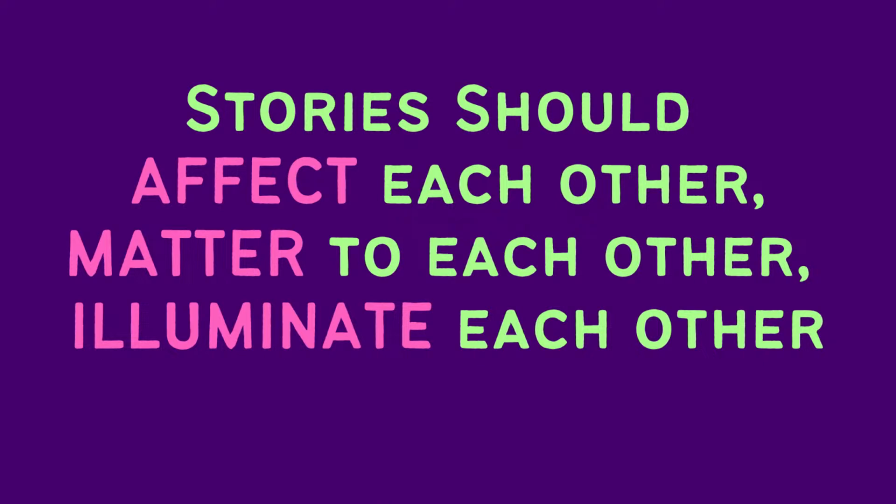I would say that one of the main ways is these stories should affect each other. They should matter to each other, or at very least, they should illuminate each other. In other words, the characters' actions should in some way let us understand things about each other that they may not be able to understand themselves.